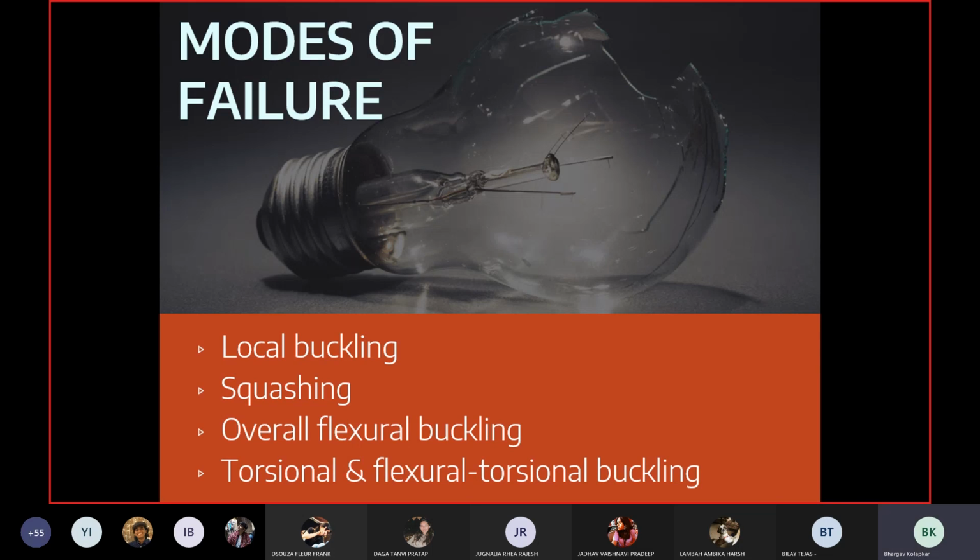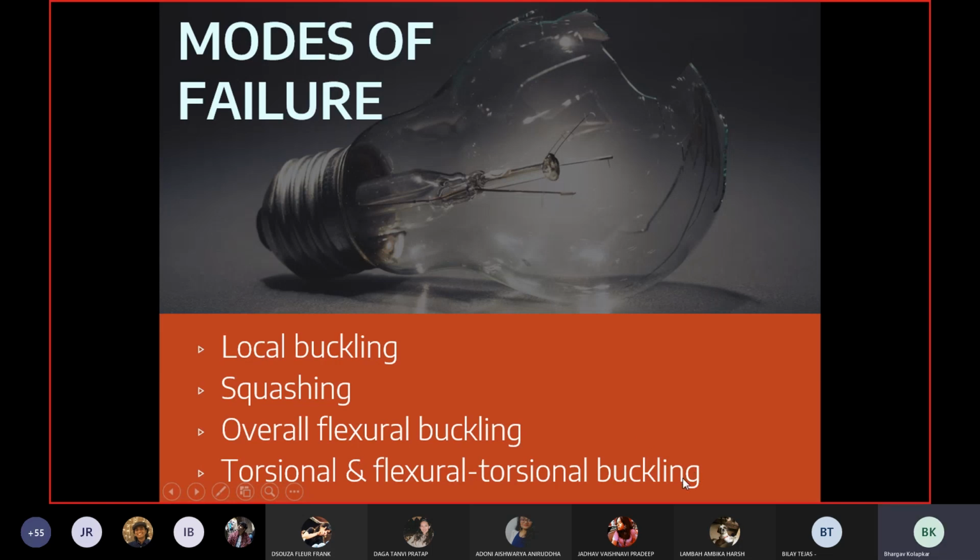Gross section yielding, net section rupture, and block shear failure. The modes of failure in compression members are local buckling, squashing, flexural buckling, and torsion and flexural torsion buckling.